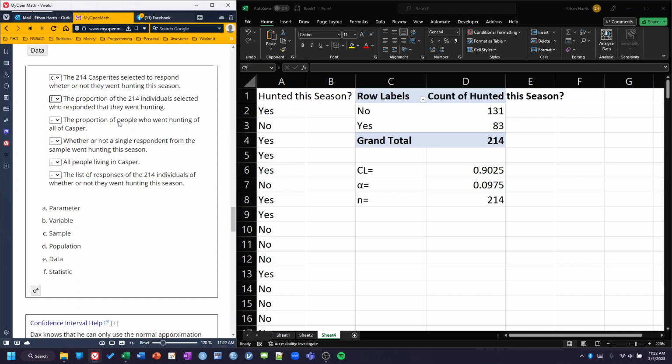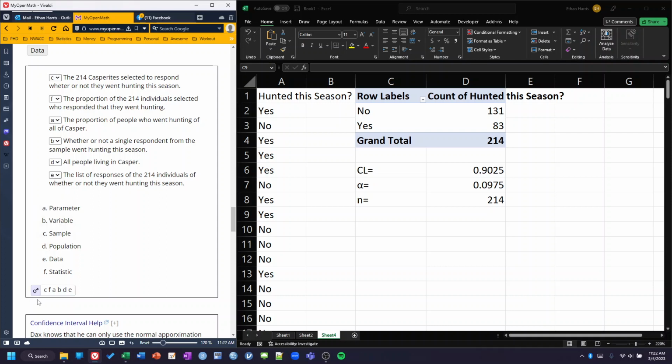The proportion of people who went hunting of all of Casper is going to be our parameter. That's the truth of the entire population. Whether or not a single respondent from the sample went hunting, that's our variable, B. All people living in Casper is our population, D. And the list of responses of the 214 individuals is our data, E.